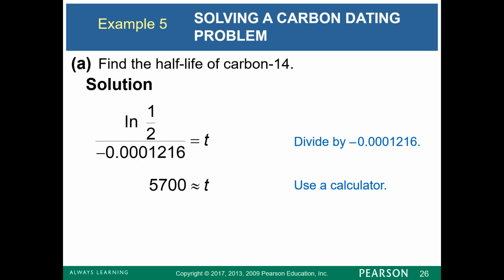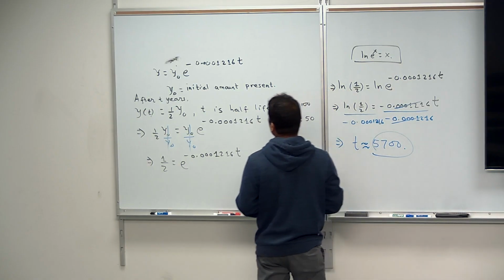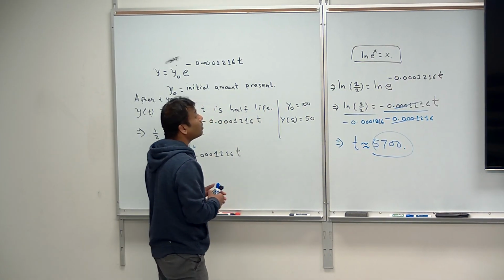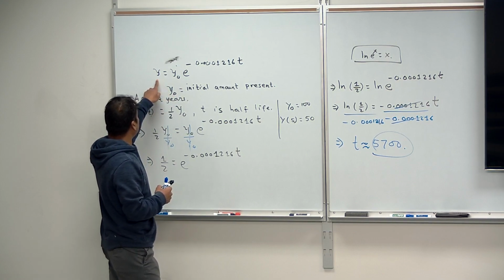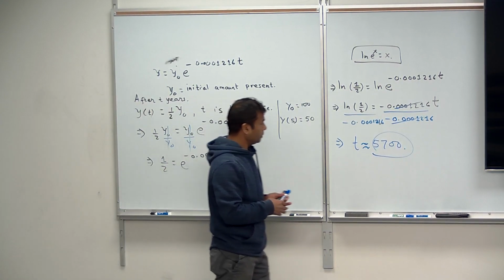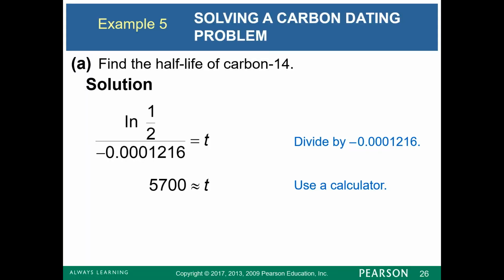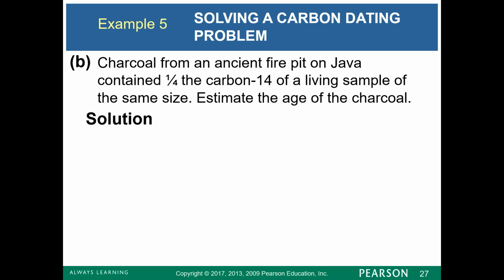Yeah, 5700 is the time. So t is approximately 5700. This is the half-life. After 5700 years, this amount will be reduced to half. So the half-life is about 5,700 years.